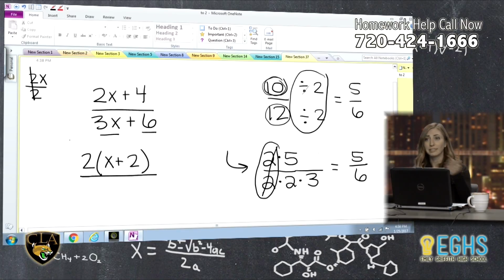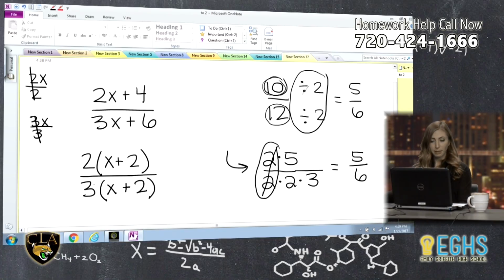I know that 3 and 6 are both divisible by 3, so I'm going to factor a 3 out of both terms. 3x divided by 3 leaves me with x, and 6 divided by 3 gives me 2. Same idea, you can multiply back together to double check that I factored that right.